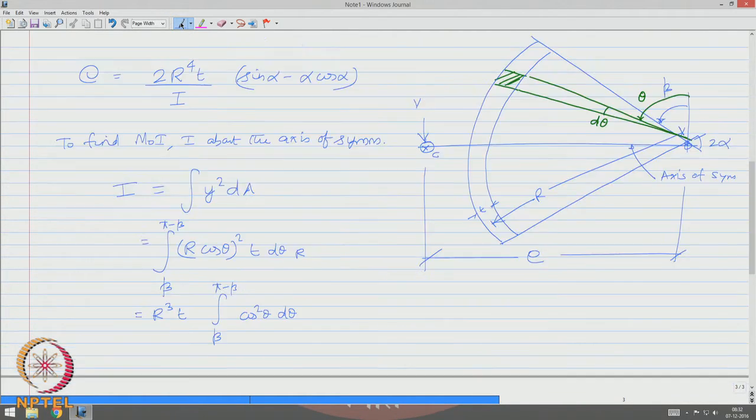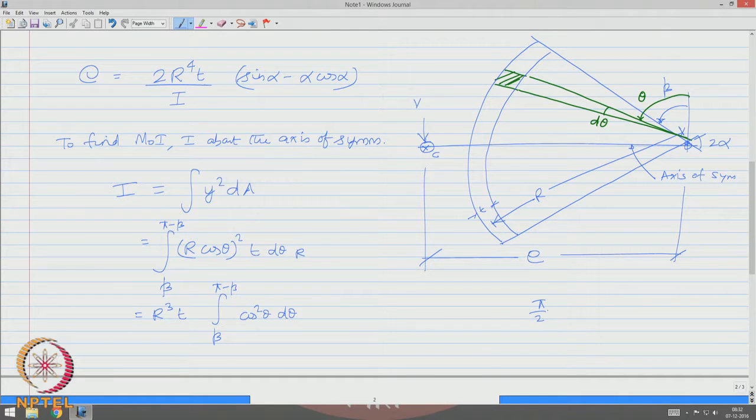If you look at the figure, one can write that pi by 2 minus beta will be equal to alpha, since this angle is beta.